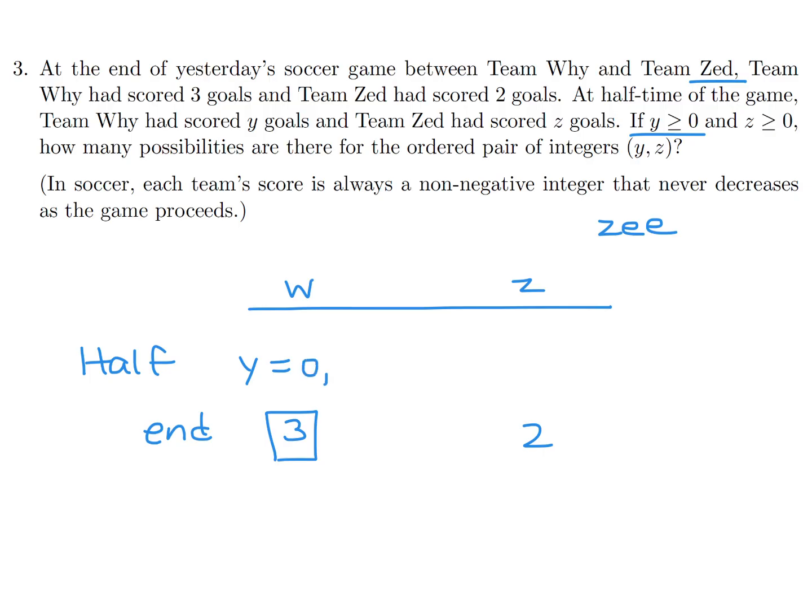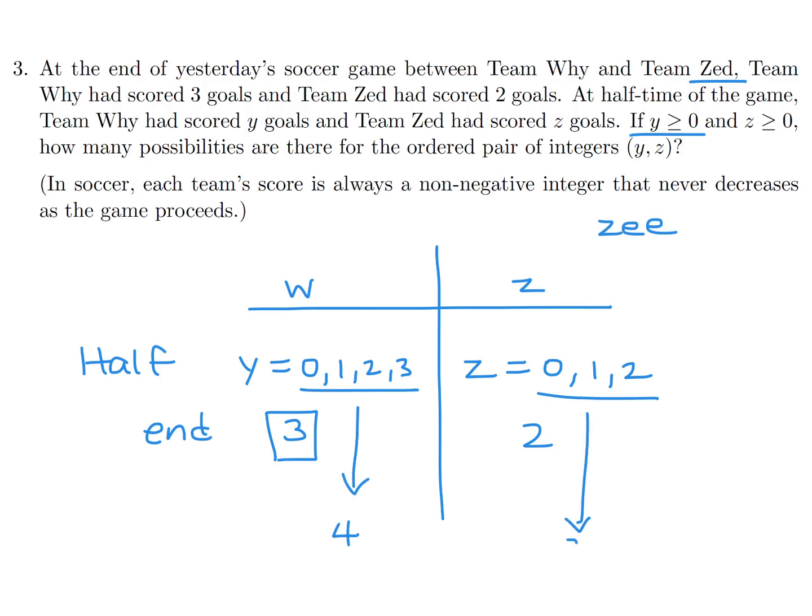So therefore, it could be 0, 1, 2, or 3. And similarly, for Z, it could be either 0, 1, or 2. So it looks like we have 4 possibilities for Y and 3 possibilities for Z. So therefore, the total possibility, ordered pairs, would be this 4 times this 3, which is 12. So 12 ordered pairs would be possible.